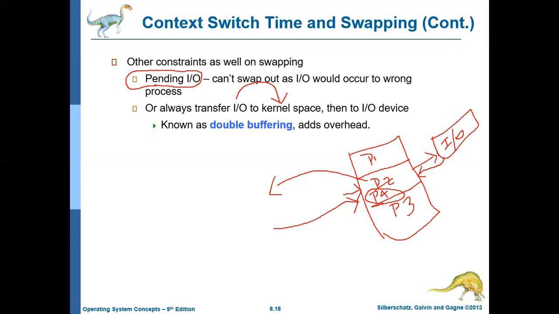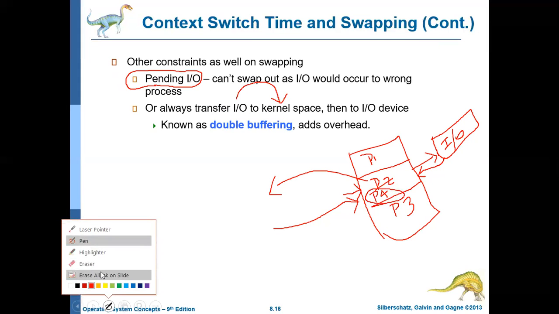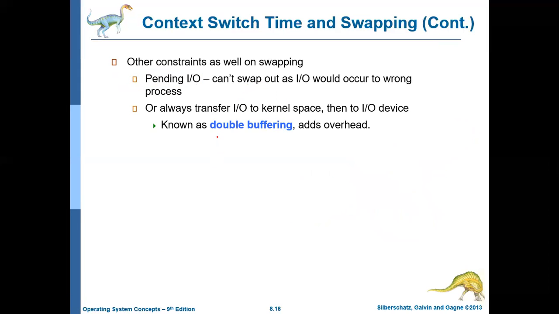What does it mean? Transferring an I/O operation to kernel space, or to operating system buffers. Kernel space is otherwise called operating system buffers. It means you are asking the operating system to take care of this I/O.